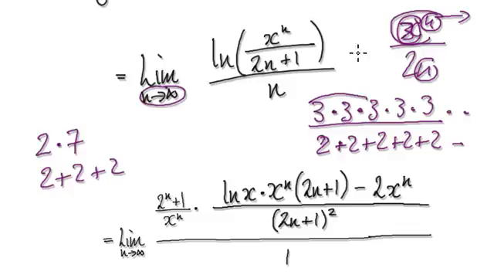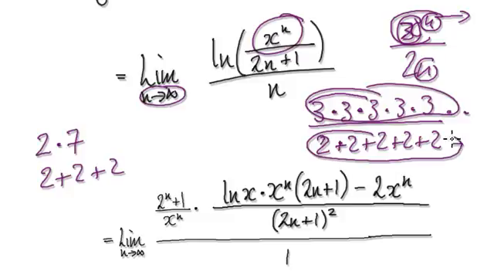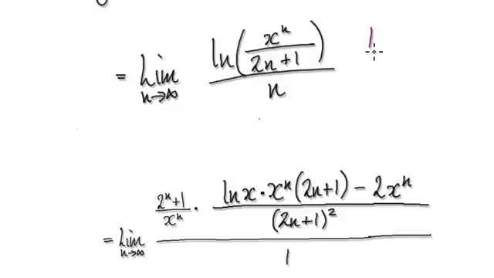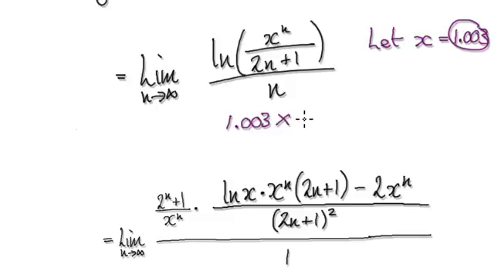You see, x to the power of n will be a lot bigger than 2n. Even in the case of you selecting x equals, let's say, 1.003. You see, even if you select this, let's look at the numerator only. In the case of x being 1.003, it's going to be 1.003 times 1.003 times 1.003.